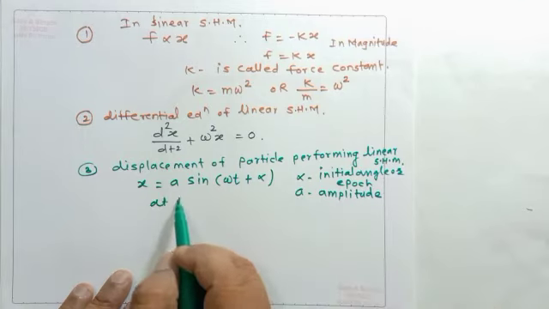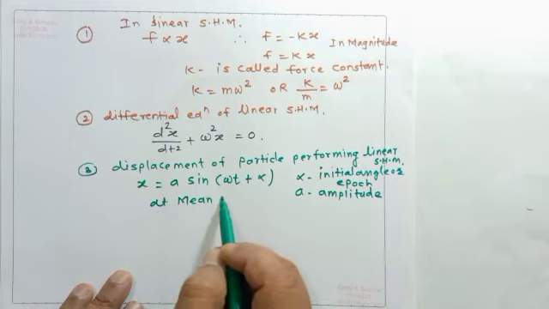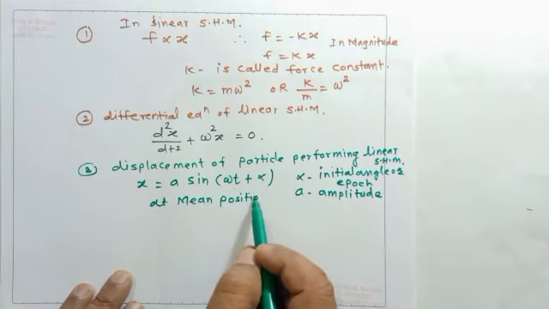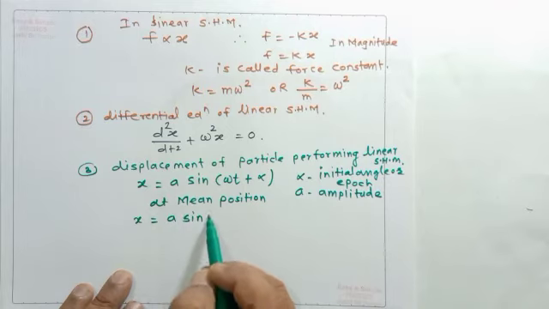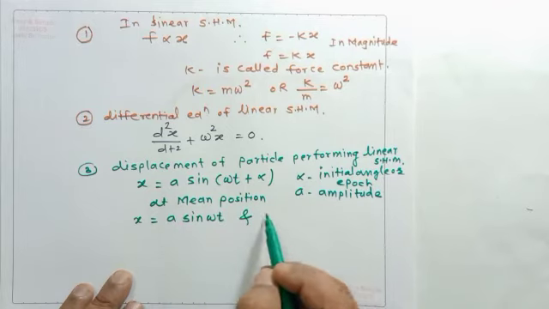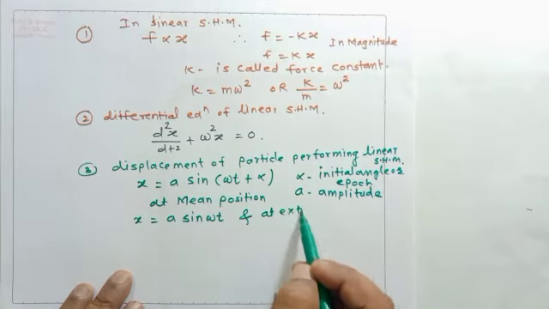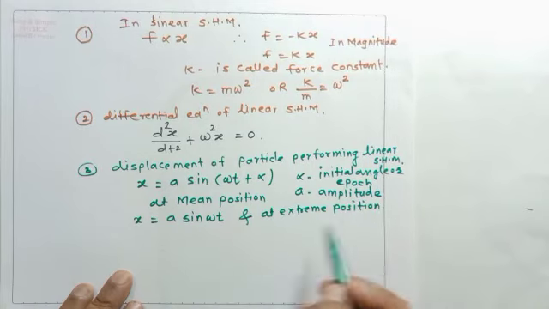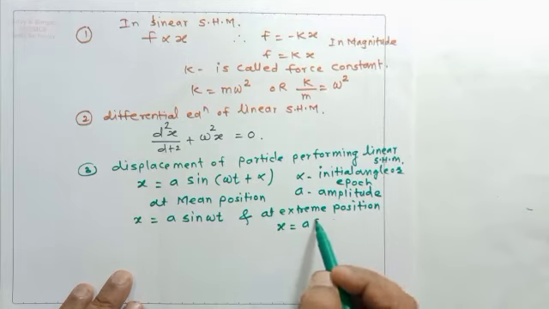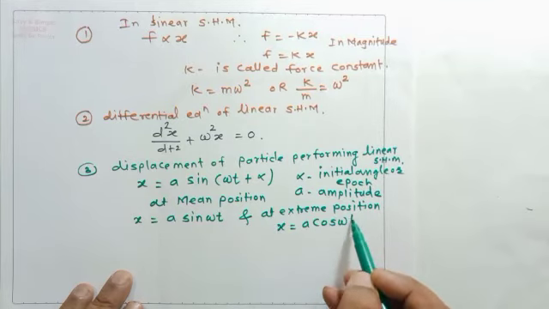At mean position, x is equal to a sin omega t, and at extreme position x is equal to a cos omega t.